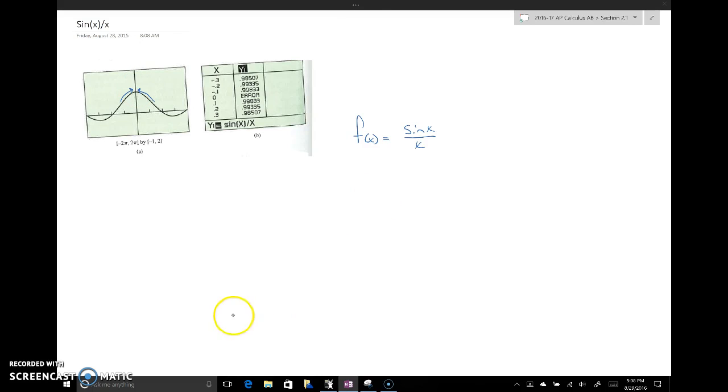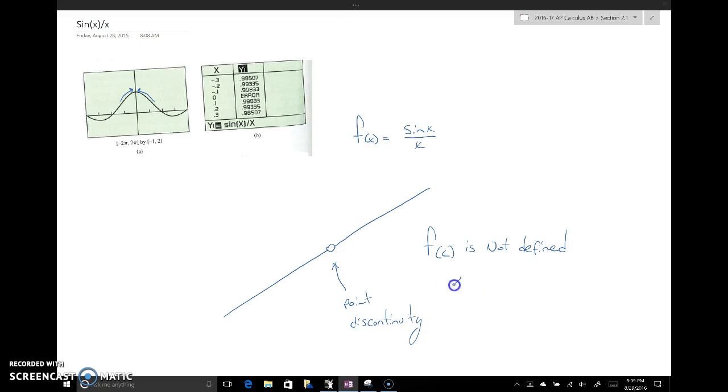The idea is that I could have a function that, say, isn't defined somewhere. Here, this is called a point discontinuity, where just that one point is missing. So the function at some value c is not defined, or the value x equals c is not in the domain.